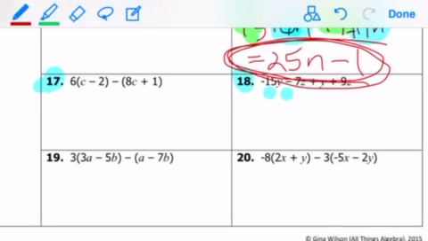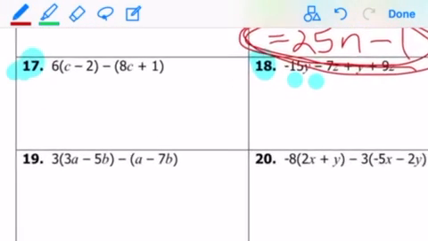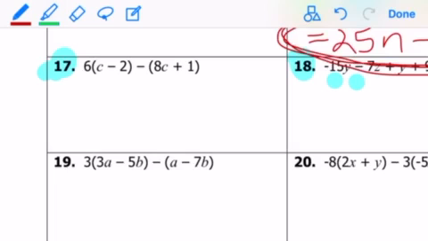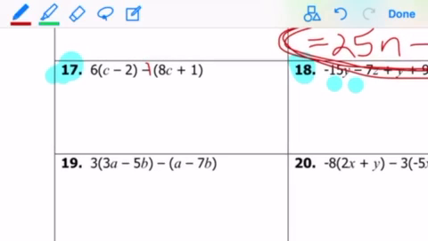17. Definitely want to talk about this because there is a negative in front of your second group, your second binomial. Okay? So when that happens, you do need to distribute, but I would put a 1 there so you know you're distributing negative 1. Okay, so that'll be negative 1 times 8C, and then negative 1 times 1.